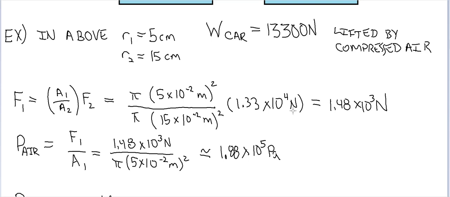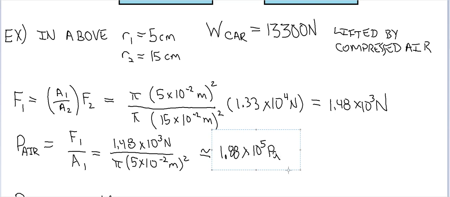We could turn this back into a pressure. We could figure out what air pressure we're going to need. Air pressure is just going to be F1 over A1. Well, again, A1 is just pi r squared, and we just solved for what we meant by F1. And so if you carry through this little bit of division, what you get is 1.88 times 10 to the 5 pascals.